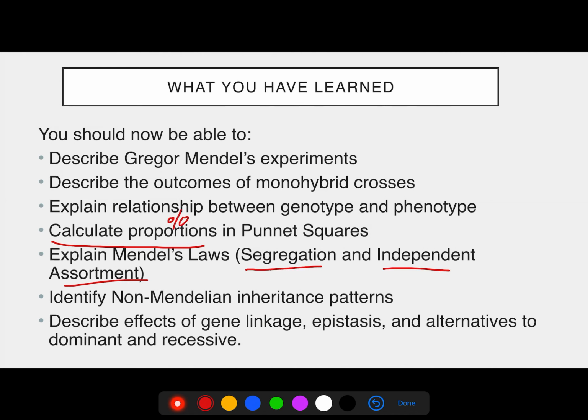Know patterns of non-Mendelian inheritance and what's important in them, like gene linkage, meaning genes linked to a particular sex, or epistasis for genes influencing others. And alternatives to dominant and recessive would be codominance or incomplete dominance.